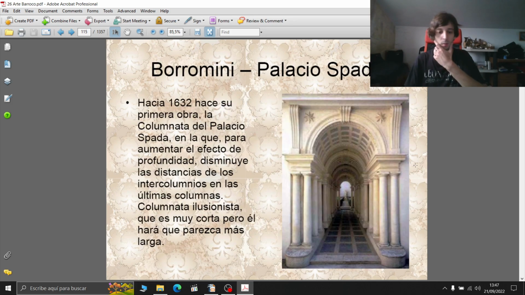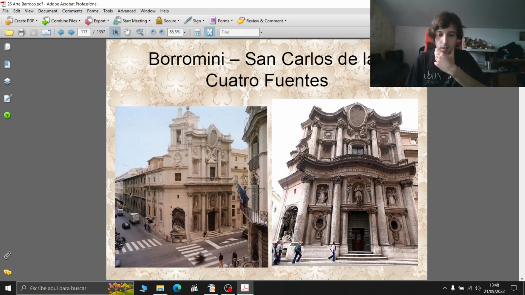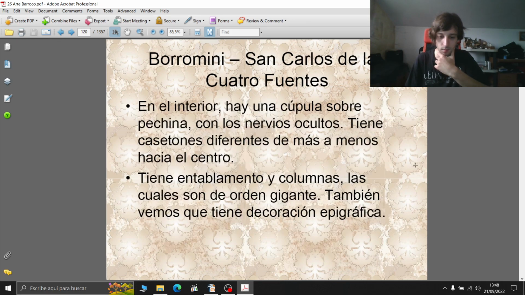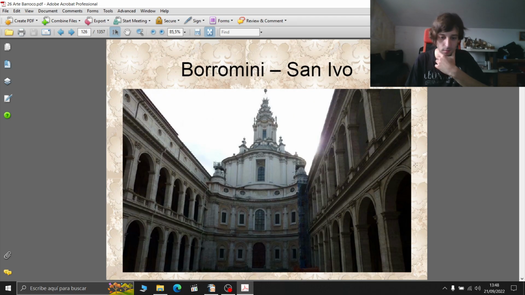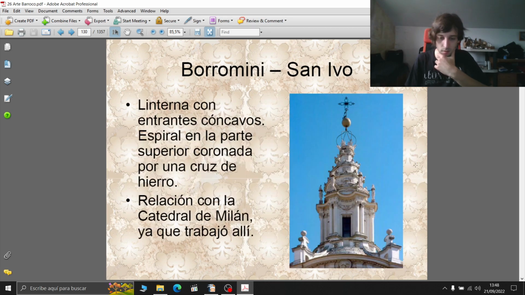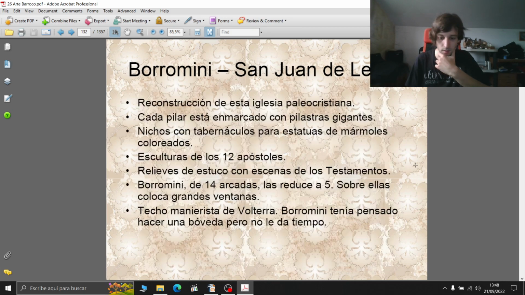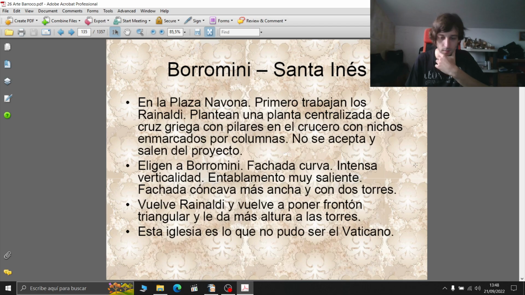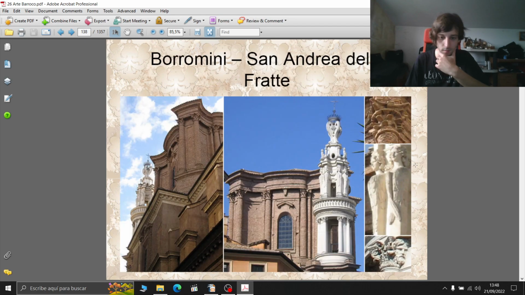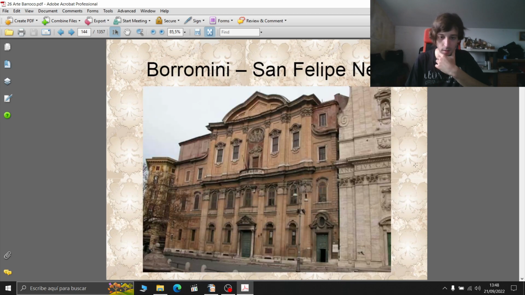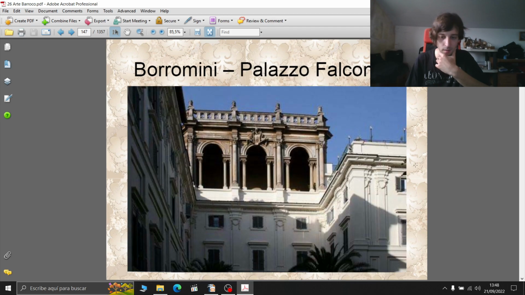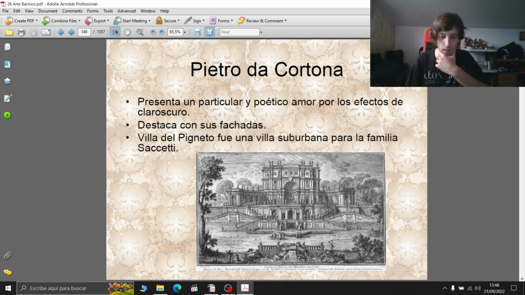Scala Regia, and then Borromini. Palazzo Spada, San Carlo alle Quattro Fontane, Sant'Ivo, Propaganda Fide, San Filippo Neri, Palazzo Falconieri.